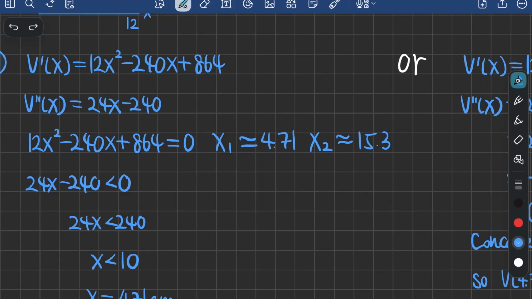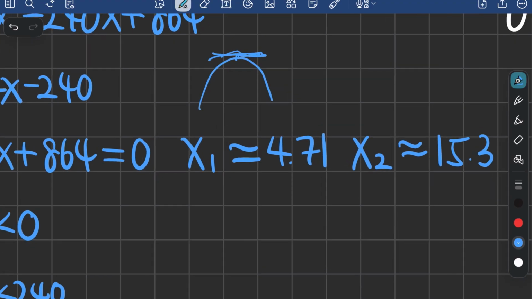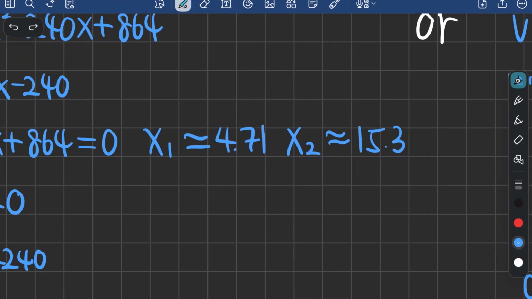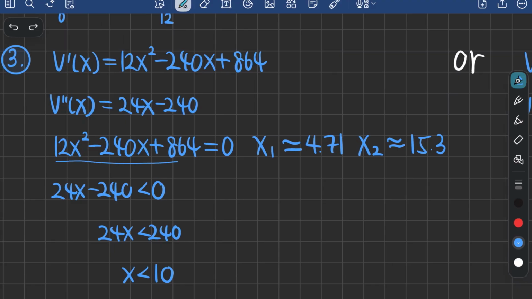And at the maximum, the first derivative equals 0 because, if this is a function and there's a maximum, then the slope of the tangent here is 0, so that's why. And if you plot this in the GDC, then you will have x equals these two values. And that's our value of interest.